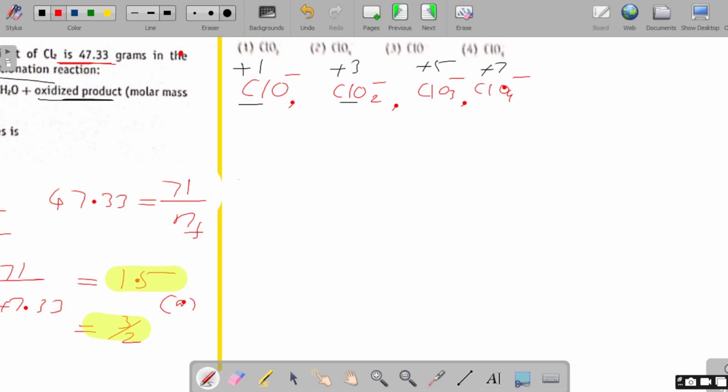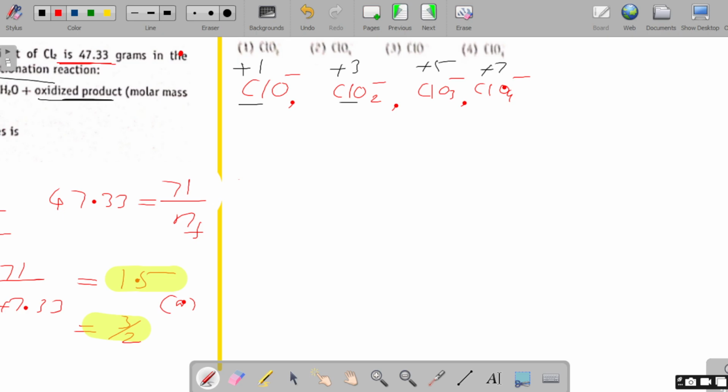Now n factor for disproportionation reaction, the formula is n factor of the total is equal to... Before going to that, how you are going to derive this formula, I can say, actually here multiplication, isn't it? Now I can write the multiplication. N factor 1 into n factor 2 divided by n factor 1 plus n factor 2.